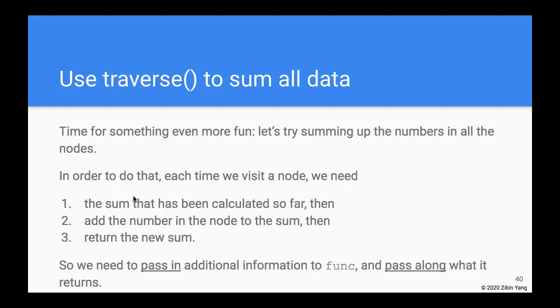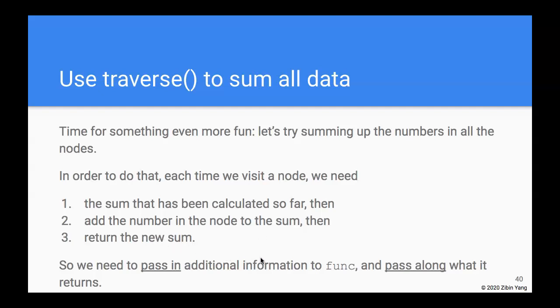As it visits each node, it would be adding up everything in the process. So we'll have a place to accumulate the sum so far. Then the function would add the node that it is currently visiting to the sum calculated so far, and finally, it will return the new sum.